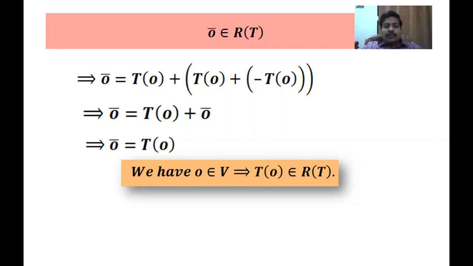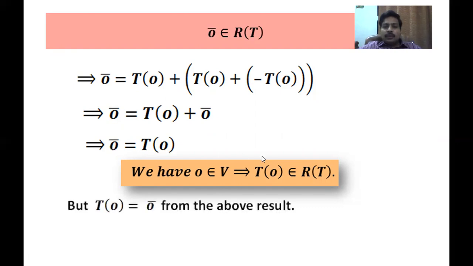From the definition of vector space and the definition of linear transformation, if O belongs to V, then T of O belongs to the range of T. Since V is a vector space, the zero vector O will be there. So O belongs to V implies T of O belongs to range of T. But we have proved that T of O is equal to O bar.